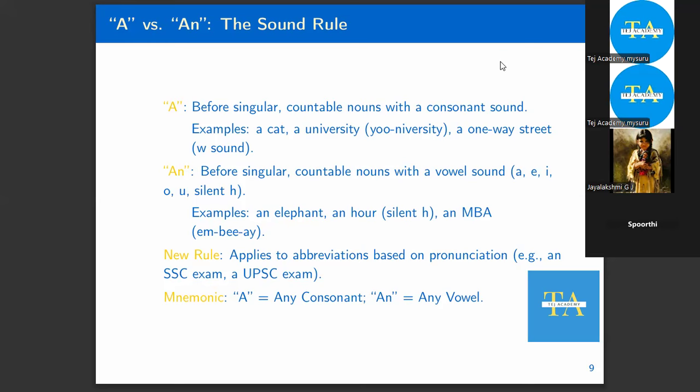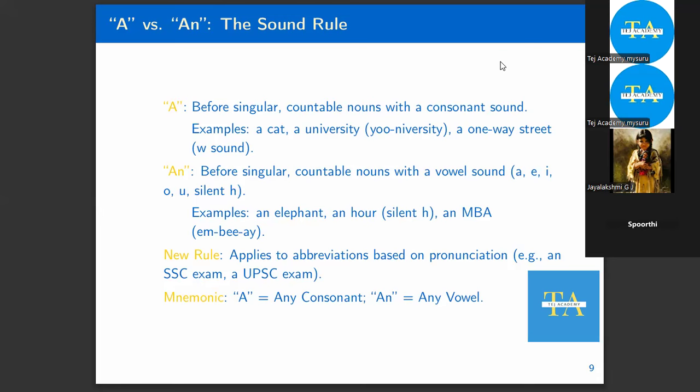So just focus on the sound, whether it sounds like a vowel or a consonant, and it will make your work easier. Like a DC comic, not an DC comic. And a mnemonic means it's a kind of word trick to remember things.